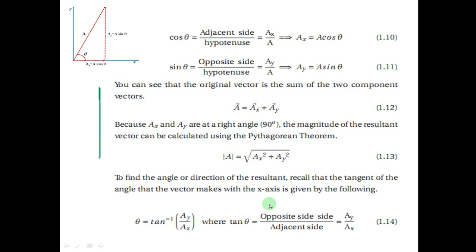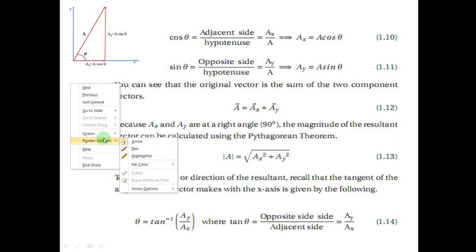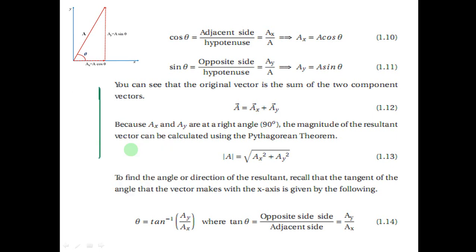Let's consider, as I told you previously, here from the tail to the head is the vector A. You must draw or extend the y-axis from the tail, and from the tail again you must extend the x-axis.